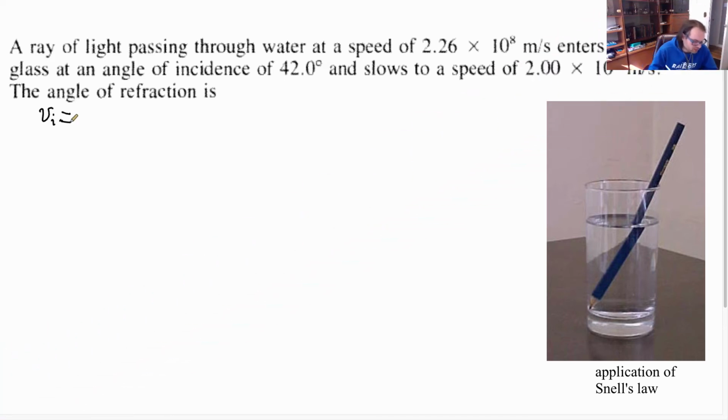So I know my incidence velocity is equal to 2.26 times 10 to the 8 meters per second. Okay. I also know my incidence angle is 42.